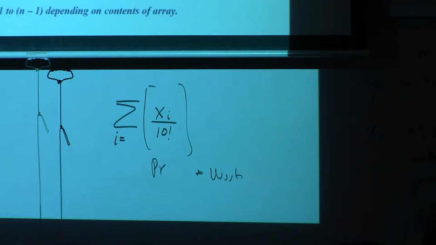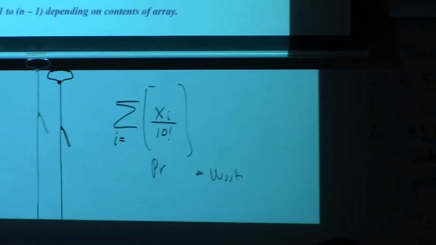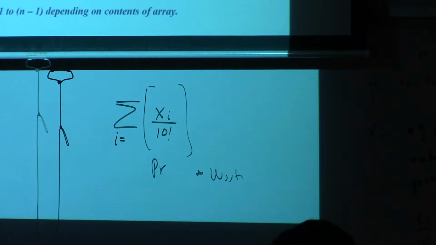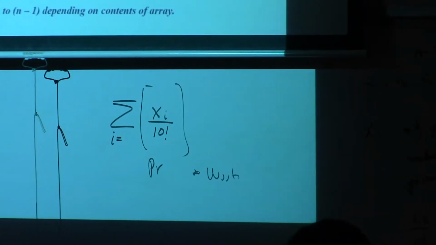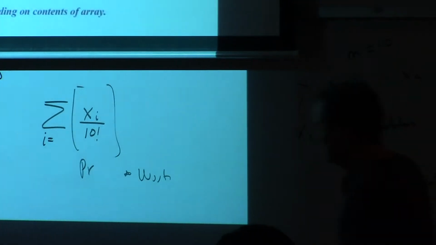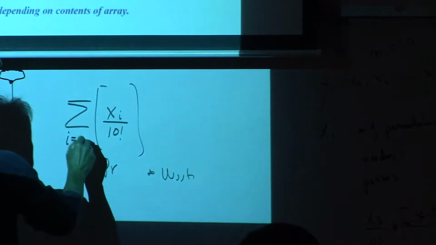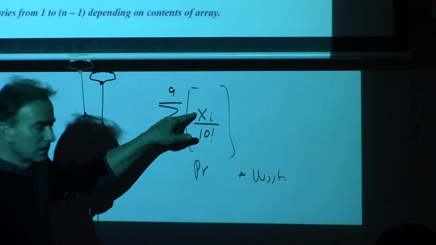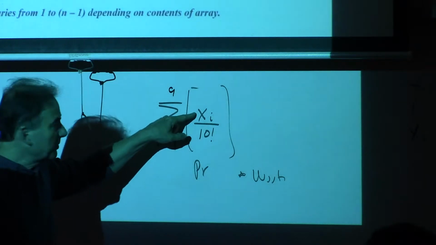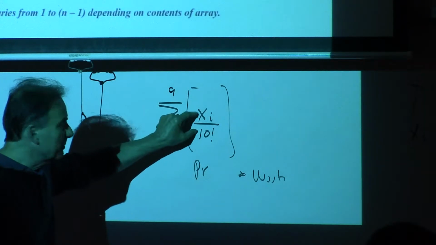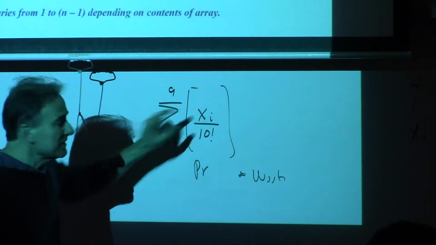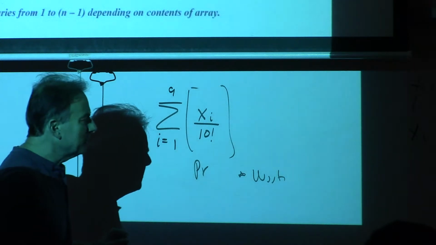We could have 1 pass, or at the most 9 passes. So therefore, we're going to count from 1 to 9. If i is equal to 1, then x1 is the number of permutations out of 10 factorial. That's the probability of a random permutation being that one, being multiplied by something else.